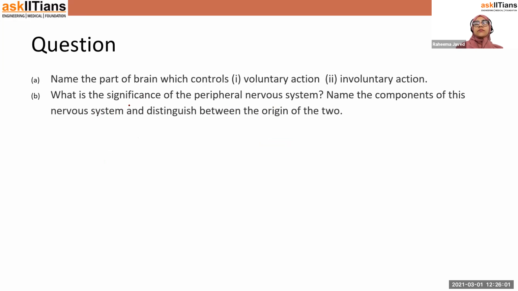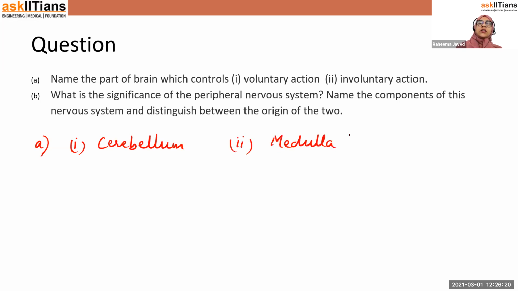So the part of the brain which controls the voluntary actions, you already know. This is cerebellum. We discussed in the previous video. And the part of the brain which is involved in the involuntary action is medulla oblongata.